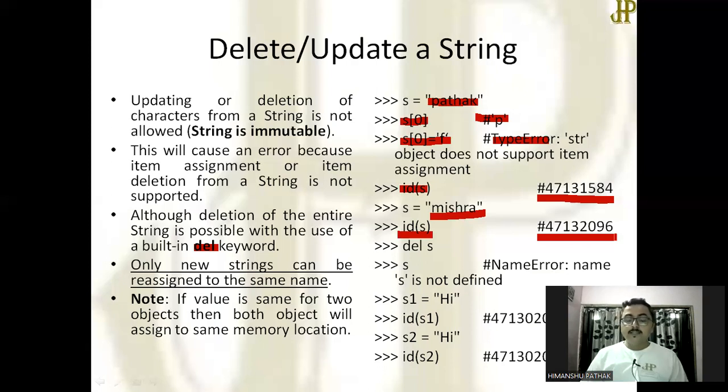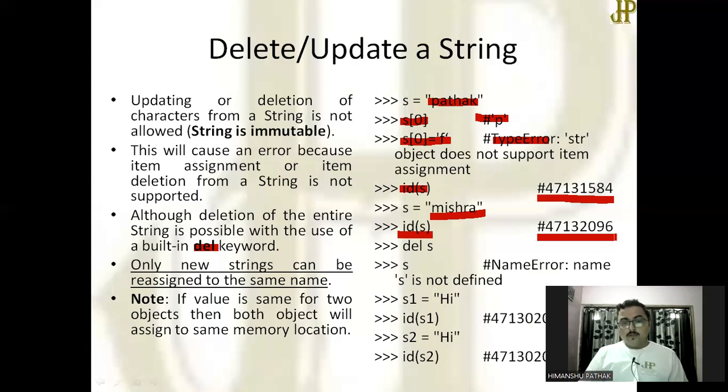So Pathak is vanished and a new memory location is created, and in that new memory location the value Mishra is given. So here you can say that the object is not deleted, only the reference is destroyed, so that Pathak cannot be fetched. That's it.